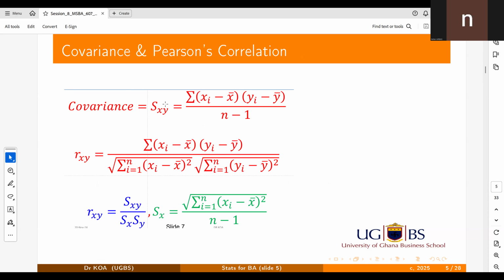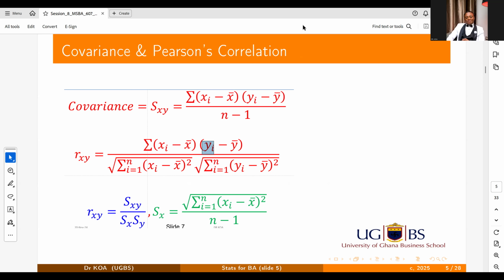Okay. Now, this is the formula for covariance. That's the one you see. And the one below it is a formula for correlation. To calculate these things, and we shall do that next time, you just need the value for X and the value for Y. So X can be quantity demanded and Y can be price.